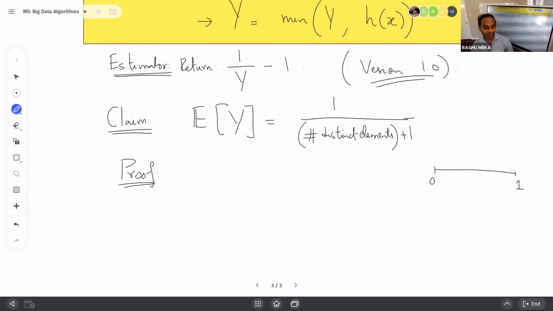And in fact, I think it's one of the favorite interview questions where people will ask, if I draw 2 points in the unit line, what's the expectation of the minimum? It's 1/3. And it's exactly that statement. And the proof of this, you just write down some integral. I'm not going to prove it. This is not a class 1 integration.